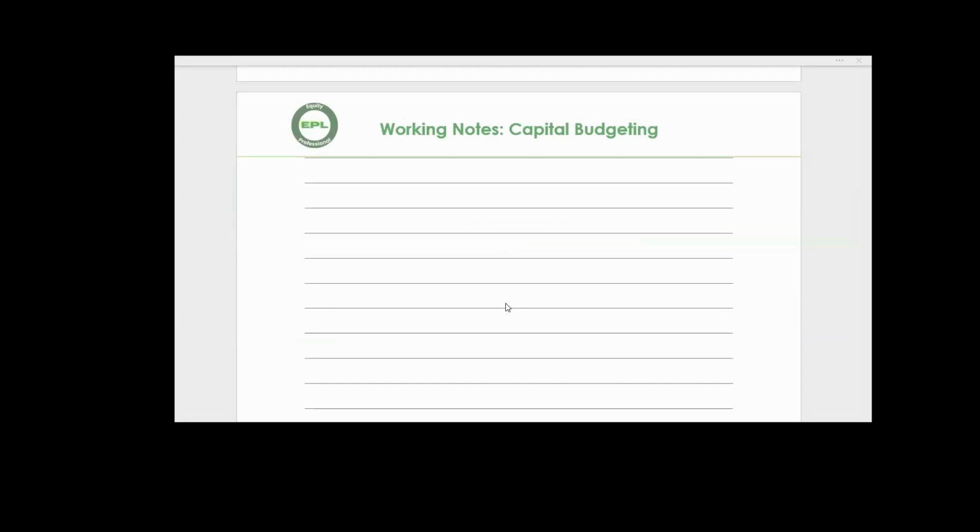So first thing first, you need to outline your table. The name of this company is Washington.